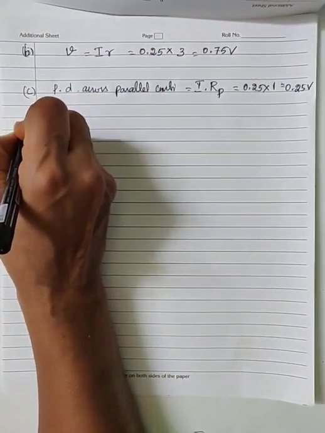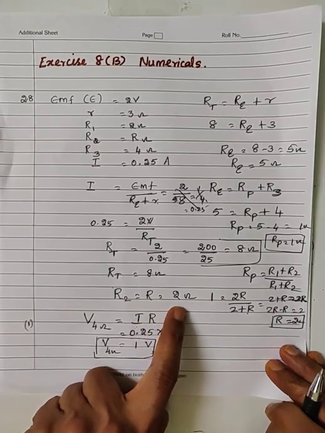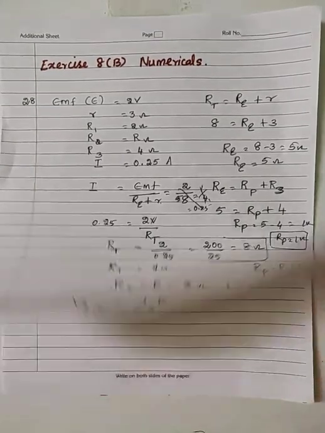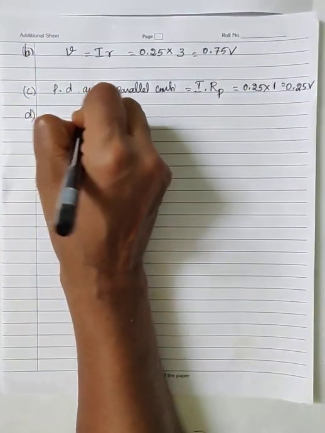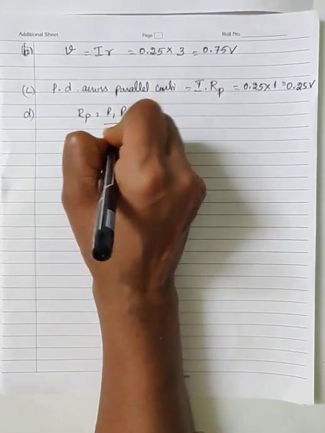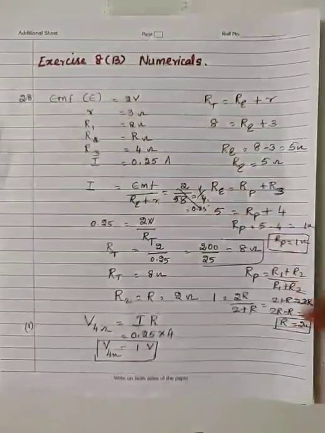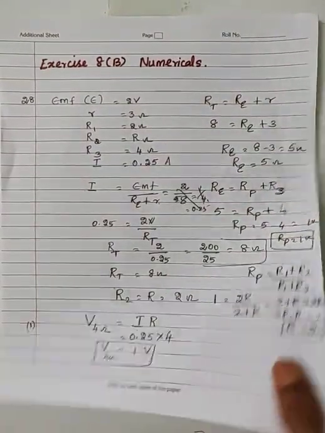And the D part of the question, you are asked to find the value of R. Already we have calculated the value of R here. R2 is equal to R is equal to 2 ohm. That is, you can write Rp is equal to R1 R2 by R1 plus R2. The value of Rp we have calculated here as Rp is equal to 1 ohm.